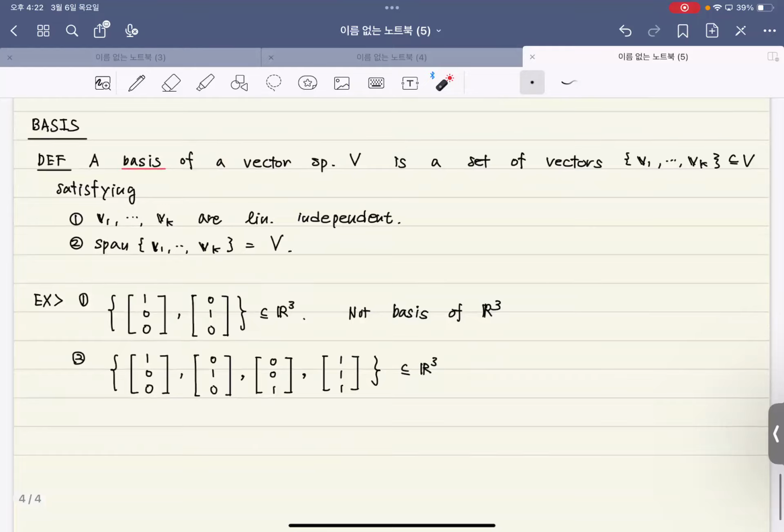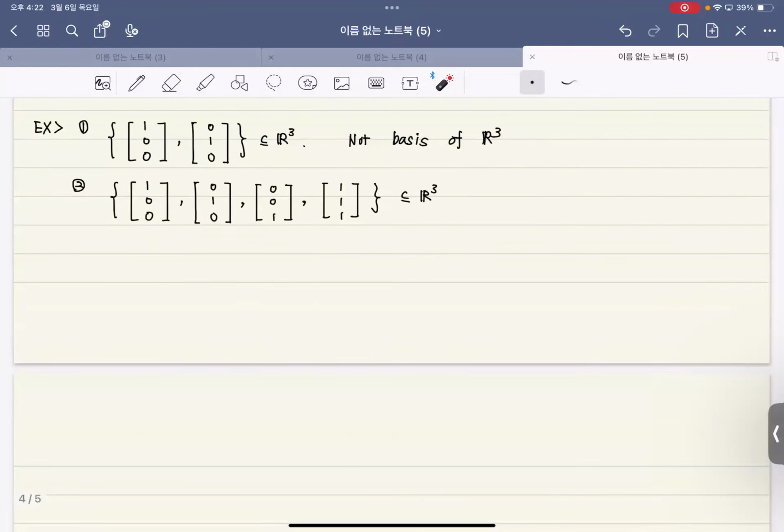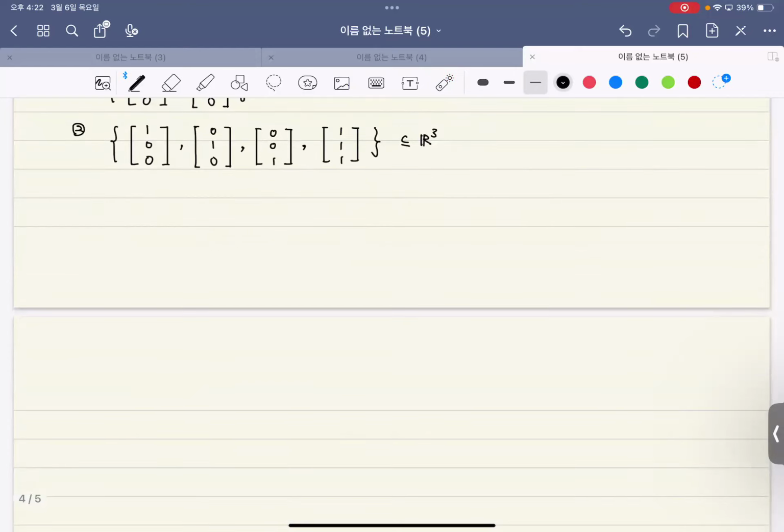Okay. The next theorem, which I consider one of the most important theorems in linear algebra. I have some random vector space, and I have chosen a basis.